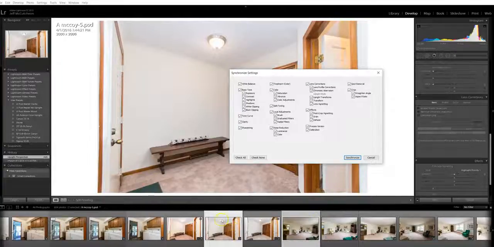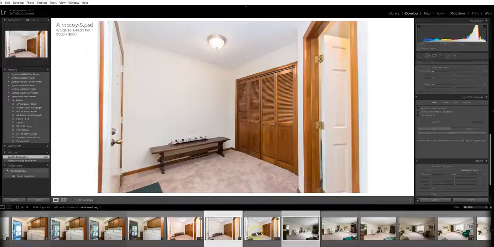That's why when we sync our upright mode, we uncheck all the corrections, and we just want to sync the mode. That means it's going to analyze every photo individually and turn it to the right or to the left or up or down, however it needs to go. So it's important to remember that.